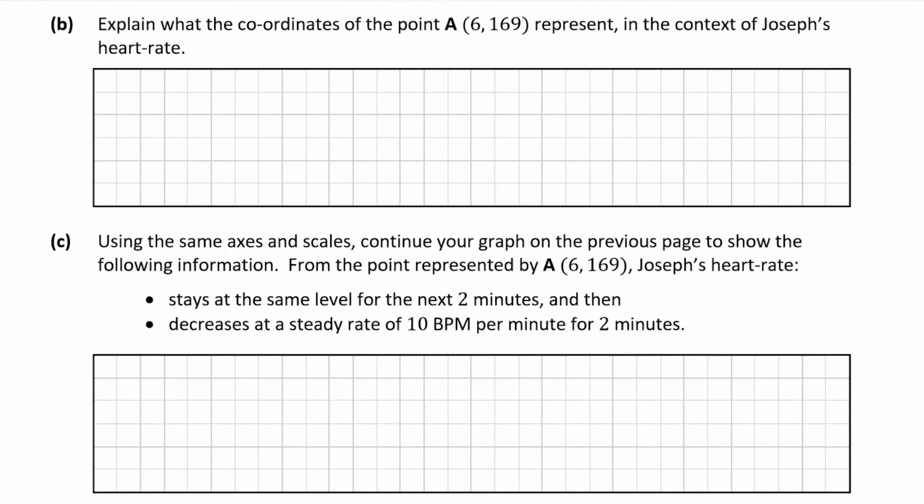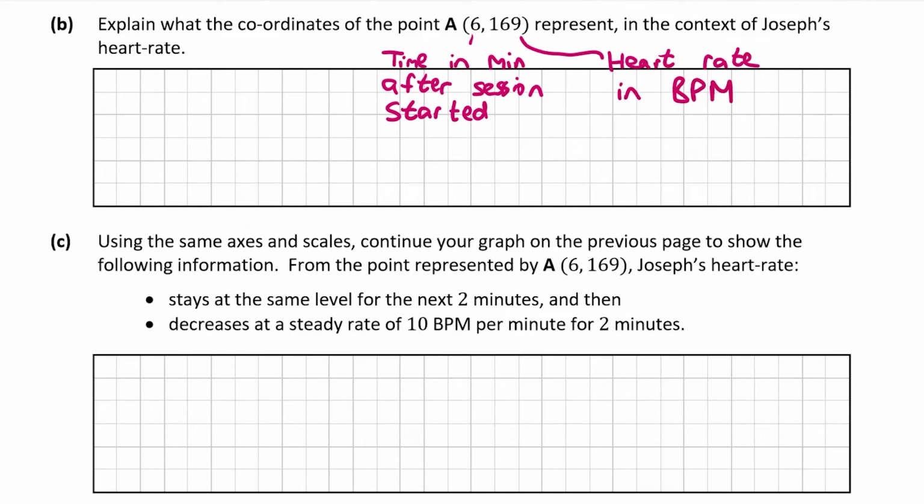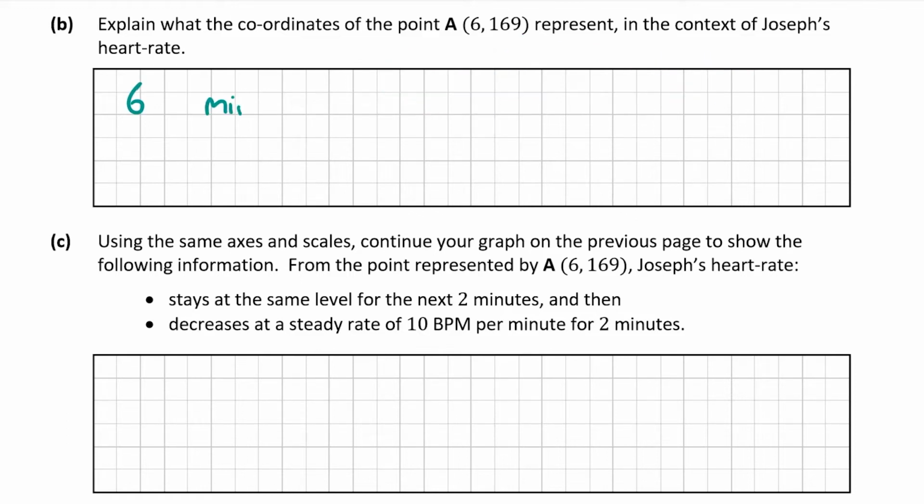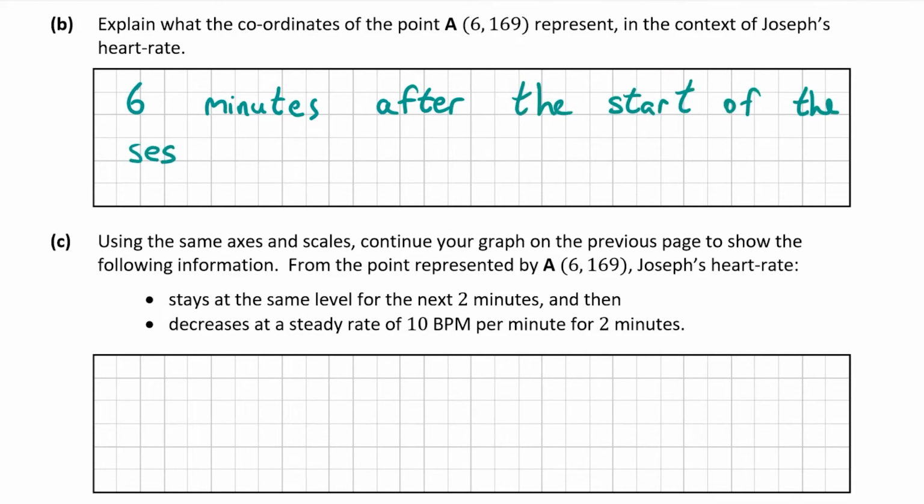So just to recall, the 6 is the time in minutes after the session started, and the 169 is the heart rate in beats per minute at that particular time. So 6 minutes after the start of the session, Joseph's heart rate is 169 beats per minute, and that's exactly what the coordinates of the point A represent.